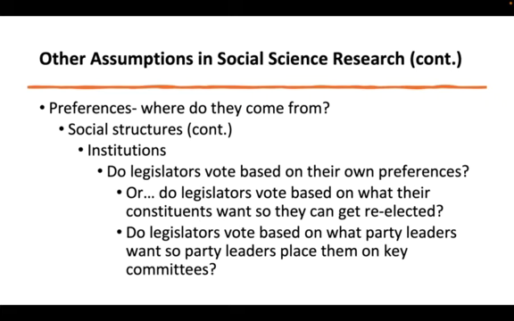Is it a kind of quid pro quo? If they continue to support legislation, will party leaders put them on important committees and give them more power and influence in the legislature? Or is it just a norm or an expectation of behavior that party leaders will help to direct individual legislators on legislation? So social structures can help us to understand the notion of preferences.